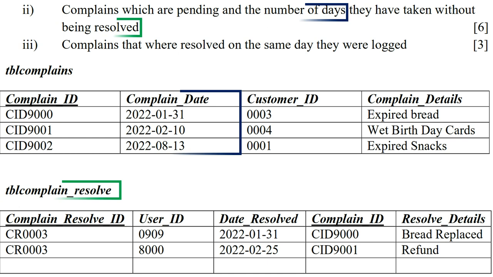And then we are now calculating how long it has been since the day it was lodged up until now. So in simple terms, how long is it from the day the complaint was lodged up to now?